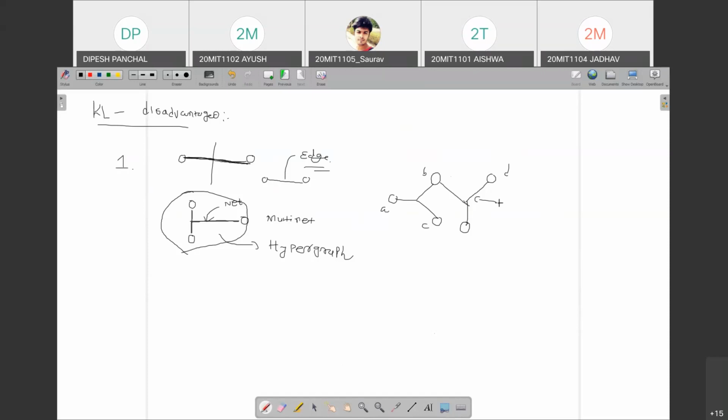This is not handled by the Kernighan-Lin algorithm, because Kernighan-Lin only takes the pair of nodes swapping. So it only minimizes the edges which are cut between two. But here the multi-net situation is there. A single net is connected with 100, 200 nodes, for example. That case is called a hypergraph. In that case, it is not able to be handled by the Kernighan-Lin algorithm.